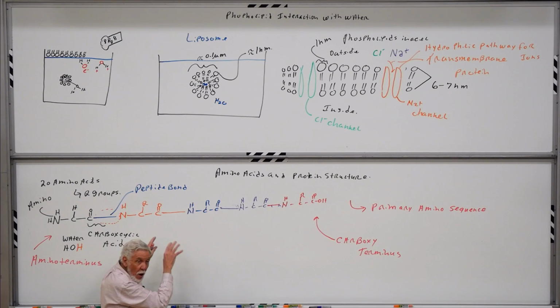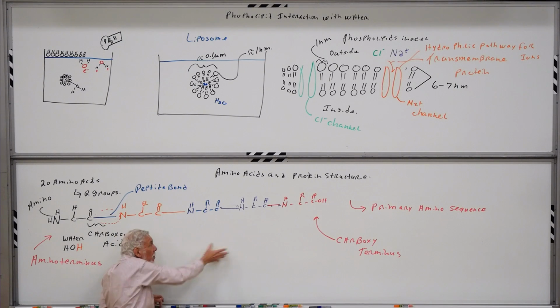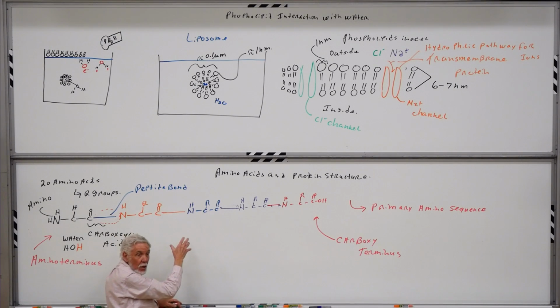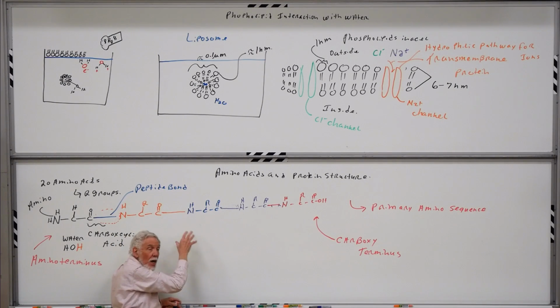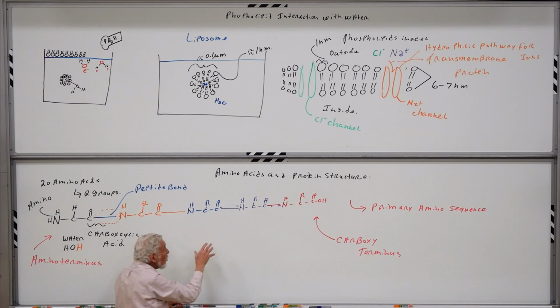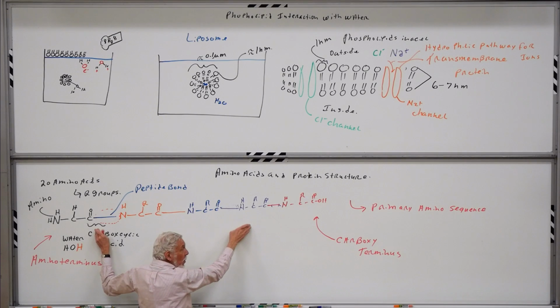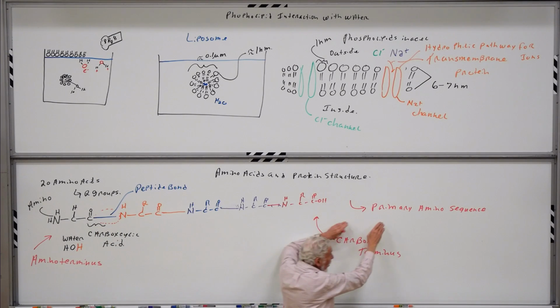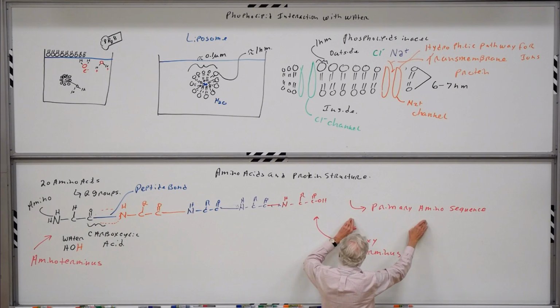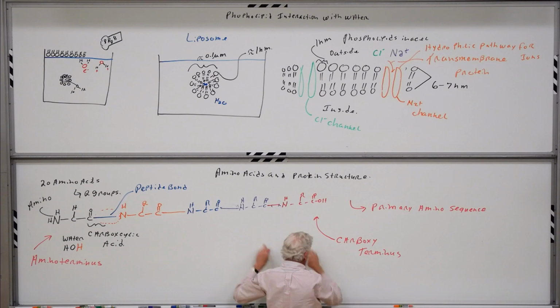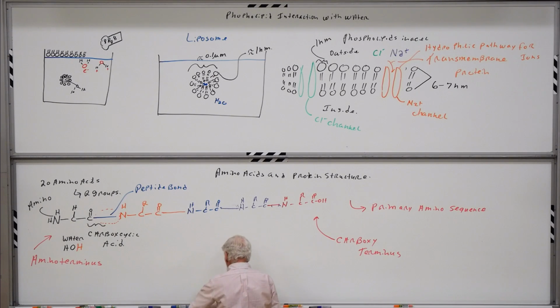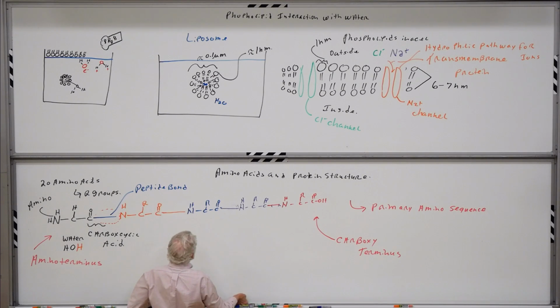So if all life on the planet, all enzymes, all activity is based on the three-dimensional structure of proteins, we need to spend a little bit of time talking about how that structure is generated. So we're going to walk through first the primary structure, the primary amino acid sequence, and next the secondary structure, and then we'll get into the tertiary structure probably tomorrow or probably Monday.